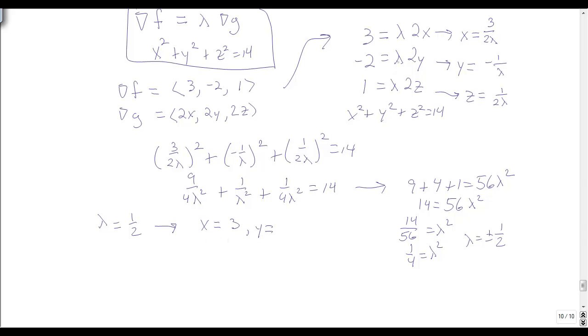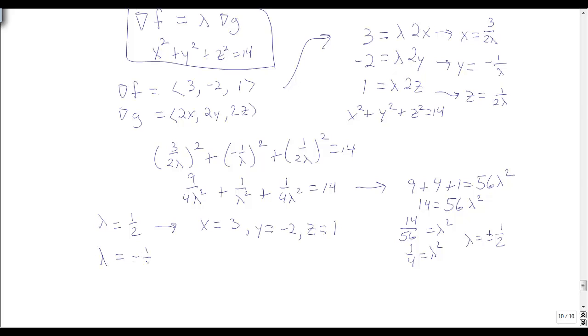Y will be lambda times 2, which is just 1, so y would be -2. And we get z equals 1, same idea, lambda times 2 is 1. So we get that point 3, -2, 1.